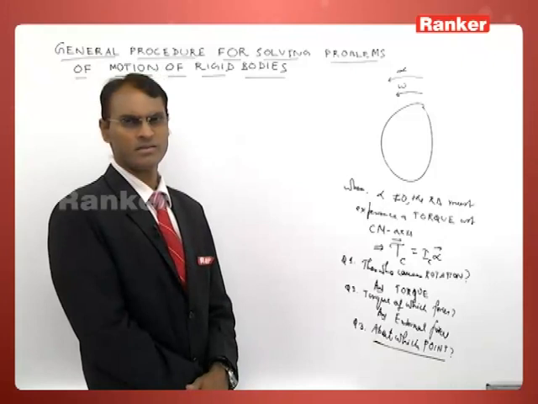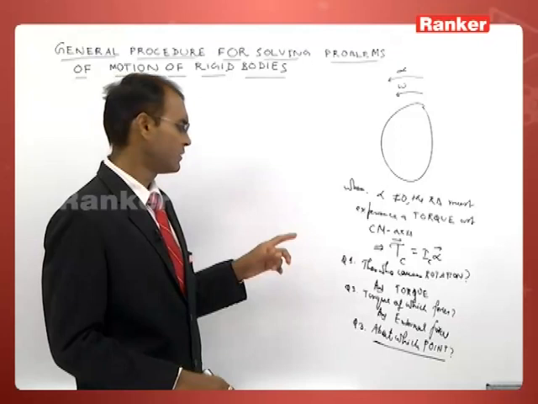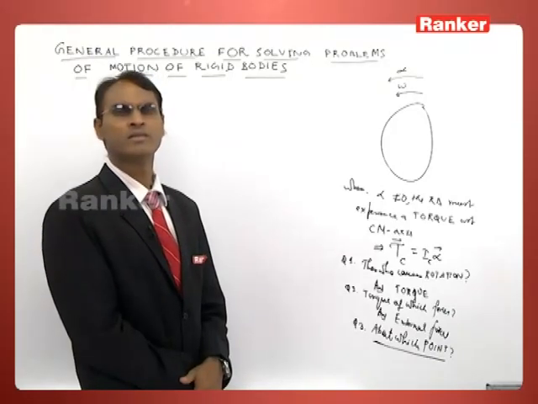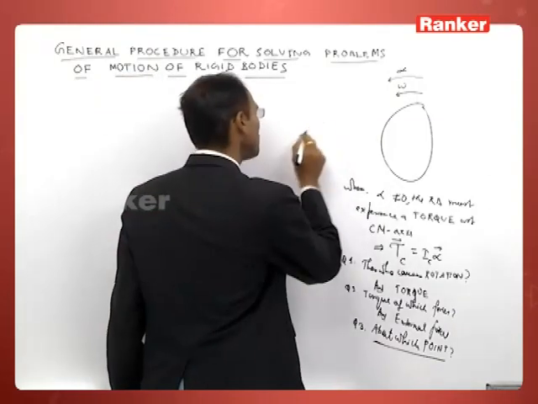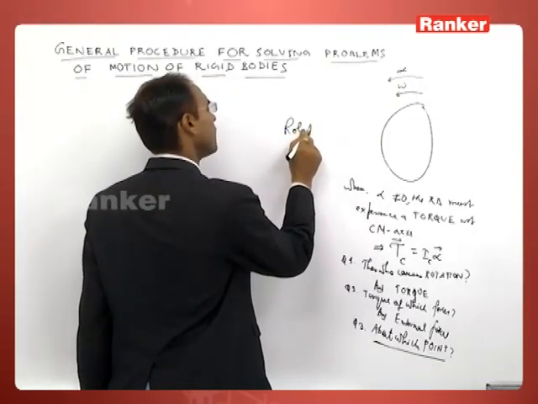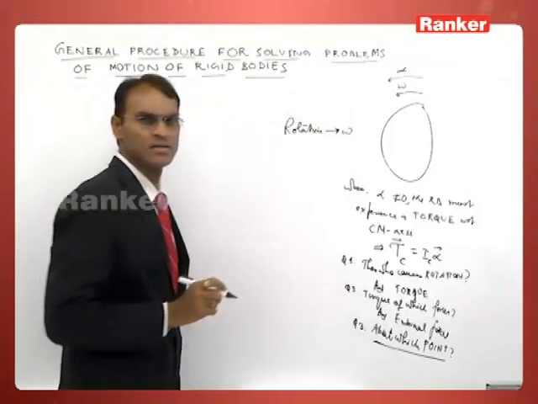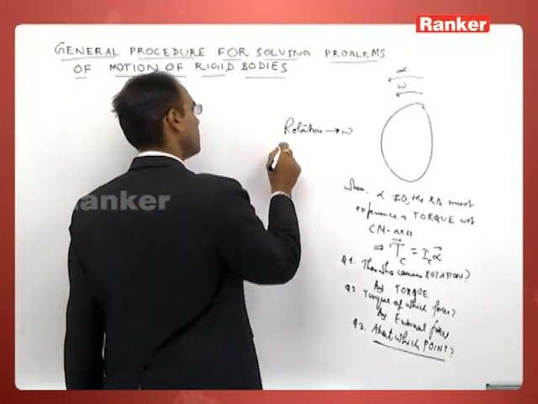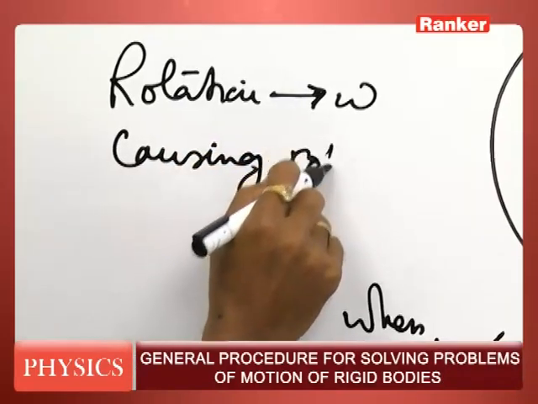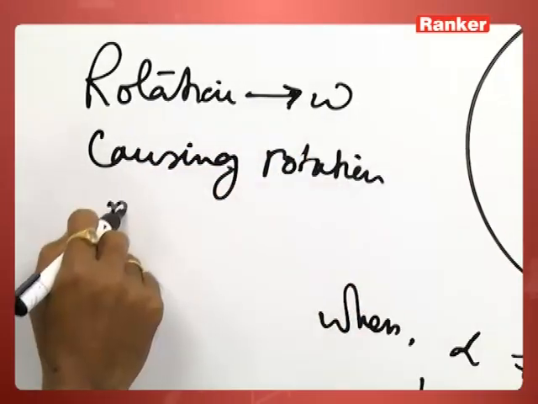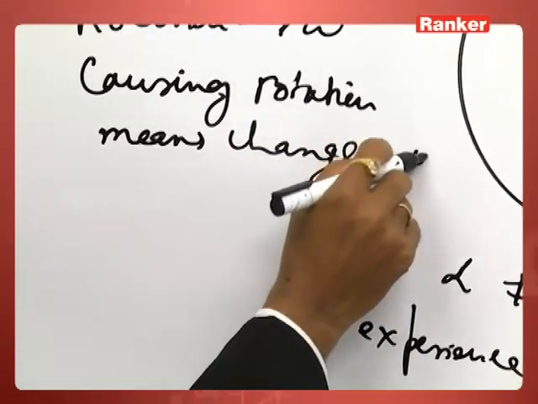Torque about which point of the rigid body will cause its rotation? Rotation means angular velocity. Causing rotation means change in angular velocity.